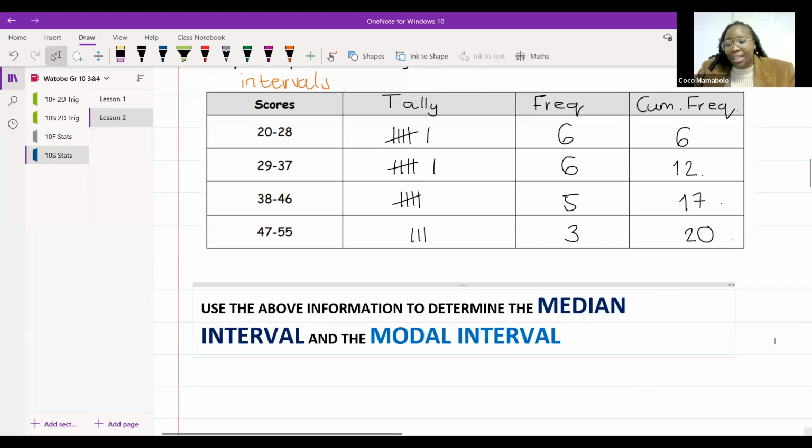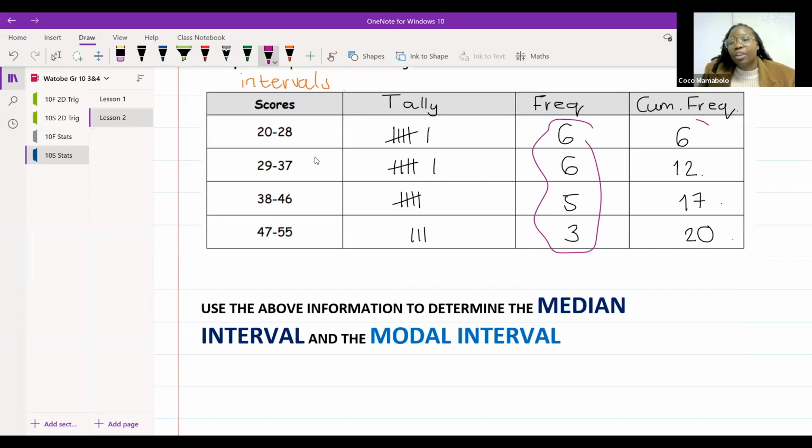Now, I want you to note that if we're going to be looking for the median interval and the modal interval, the frequency and the cumulative frequency are very tightly correlated to the intervals that we have. So whatever part of these two values we get directly correlates to the intervals that we have over here. And I'm going to explain.